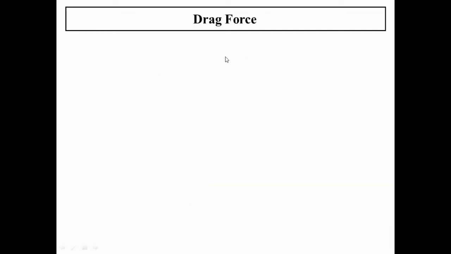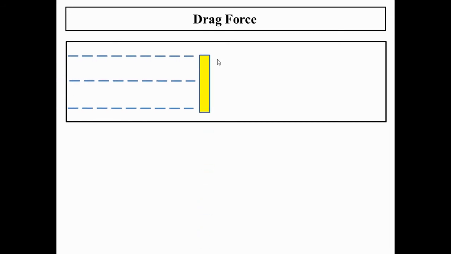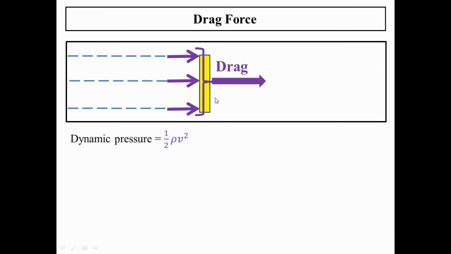And again we'll discuss drag force. We consider a similar flow over a vertical plate, and we can see the streamline coming onto the vertical plate. The dynamic pressure imposed is half rho v squared, and obviously the pressure will be acting on the object, and the resultant is nothing but the summation of these 3 pressures.